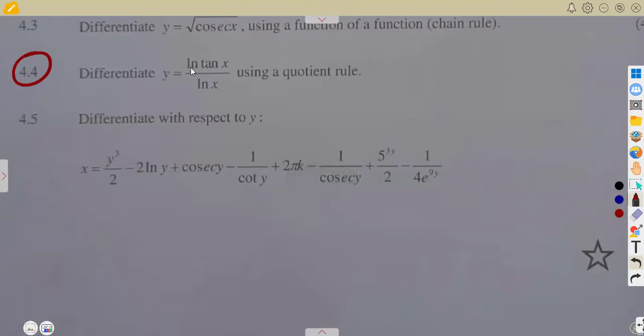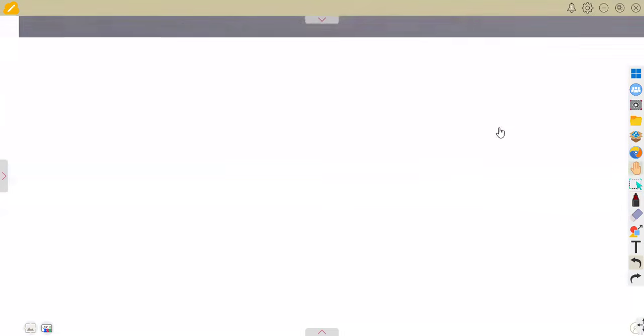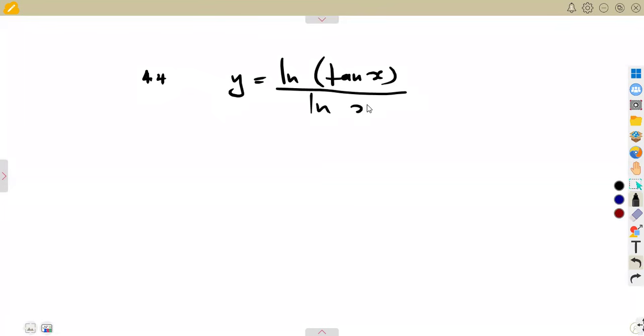4.3, differentiate the ln of tan x using the quotient rule over the ln of x. All right, so there's ln tan over the ln of x using the quotient rule. y is equal to the ln of the tan of x over the ln of x.